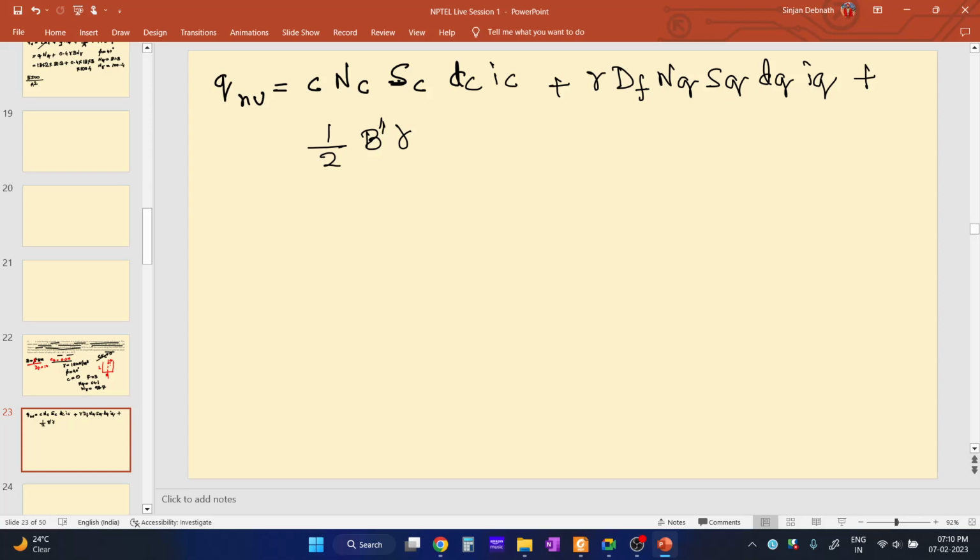Why B dash? Because there is eccentricity. We need to find out the effective breadth. I will show you. N gamma, S gamma, D gamma, I gamma, minus the surcharge. What is the surcharge? Because this is the net ultimate, we need to subtract the surcharge. That is the gamma df.